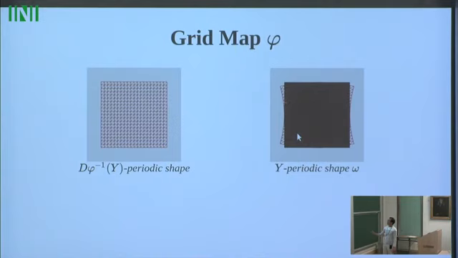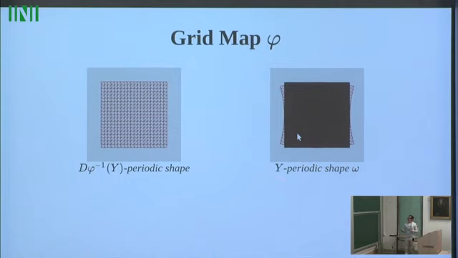Here we do not see it very well, but this is the image of this optimization domain D by a given grid map. And on the right-hand side we construct a Y periodic shape, where Y is the unit cell, which is a square in this case.